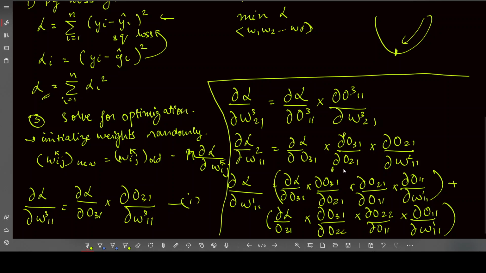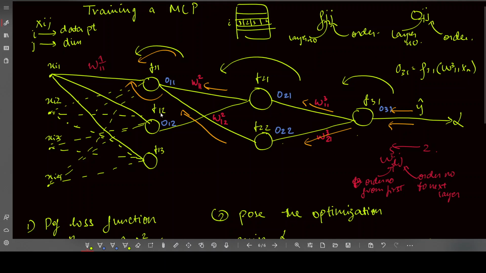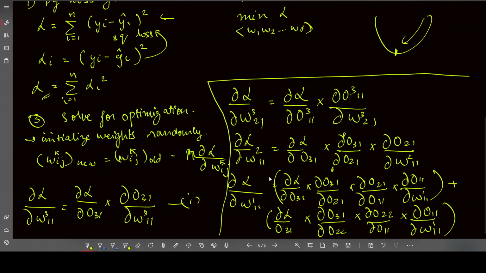So if you observe carefully, I've written only 5 equations for this. If you have a full-fledged neural net, you have a lot of equations, right? And computing the derivative is actually a very computationally intensive task. It takes a lot of computation power to perform, which considerably slows your program down, right?